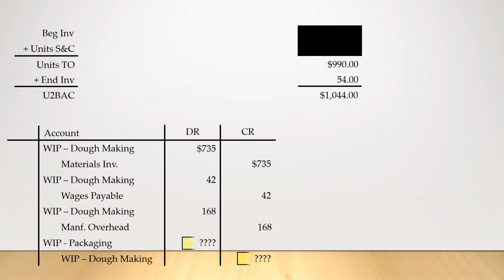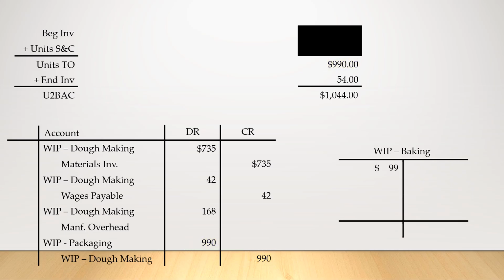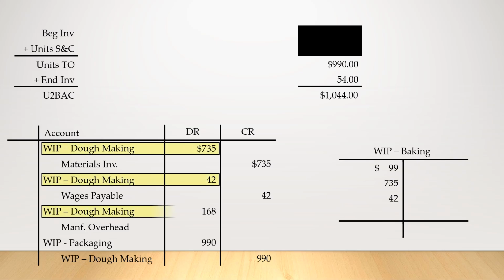Our inventory transferred to packaging is $990. We had a beginning balance of $99 in our ledger account. Post our debits and credit, and our ending balance is $54. The very amount determined on our cost report.